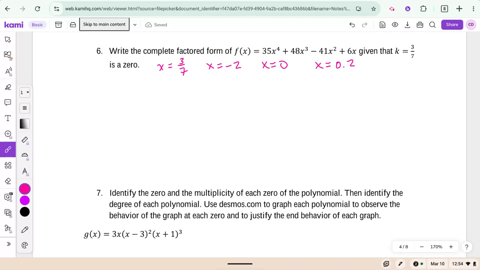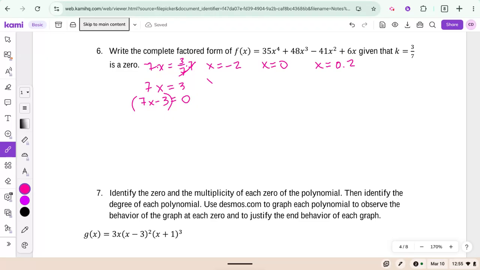Now, for this one, I'm going to multiply both sides by 7 first, because multiplying by 7 gets rid of that divided by 7. That leaves me with 7x equals 3. I'll subtract 3 from each side, because you want your factors to be nice numbers, not fractions or decimals. So there's one of my factors.